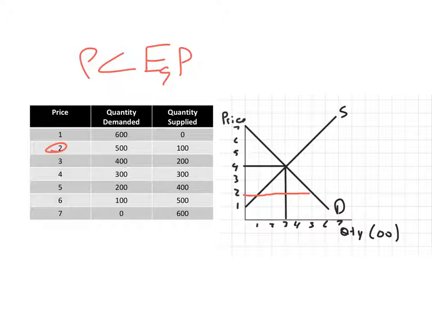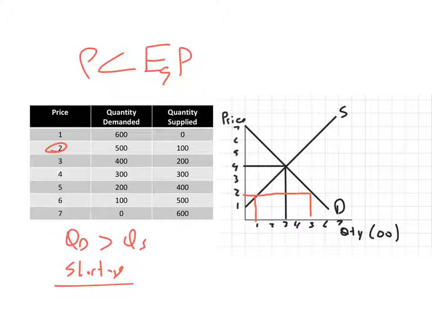At $2, quantity demanded is 500 units. Quantity supplied is 100 units. In this case, quantity demanded is greater than quantity supplied. We call this an excess demand, or more commonly, a shortage. There's a shortage in the market.